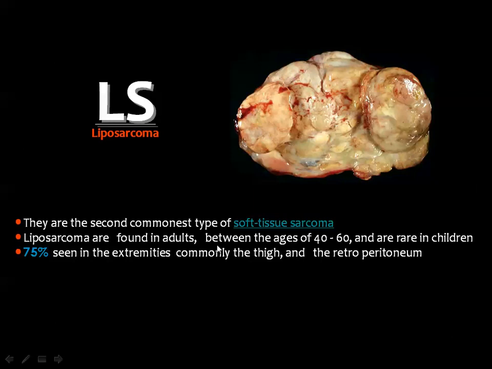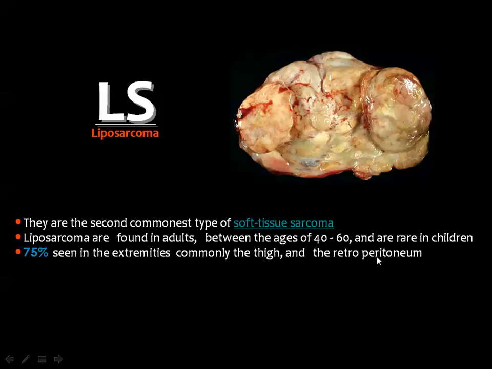Then we came to the malignant component of this group of fatty lesions, which is the liposarcoma. Liposarcoma is considered the second commonest type of soft tissue sarcomas. Liposarcomas are found in adults between the age of 40 and 60 years, and they are rare in children. 70% are seen in the extremities, commonly the thigh, and the retroperitoneum.